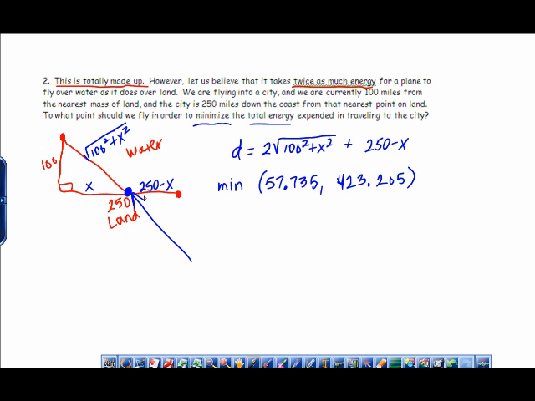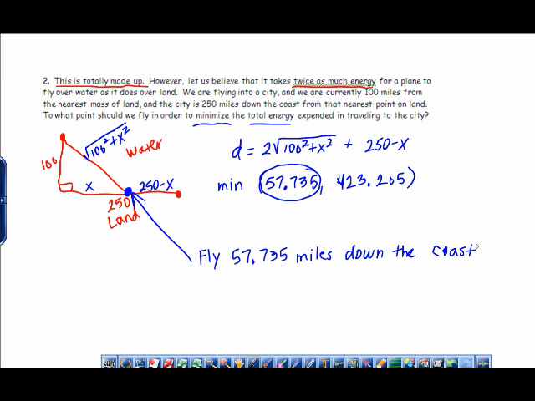Okay, so how could you explain this? Well, you could probably explain it several different ways. I'm going to go ahead and use this number though, and I would say you want to fly 57.735 miles, because that's the units we're in. And I'm going to write down the coast from, because I really don't know direction. This is not necessarily north, south, east, west.